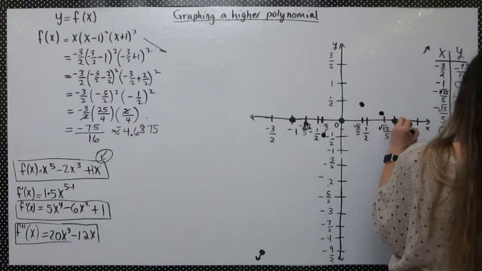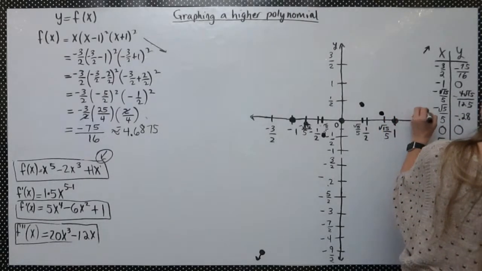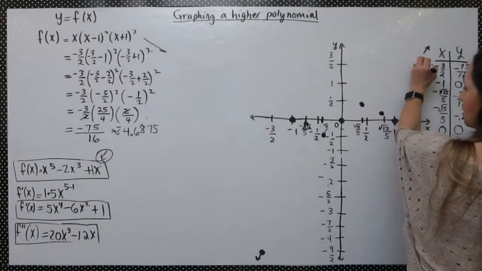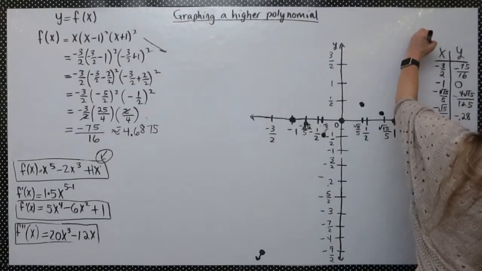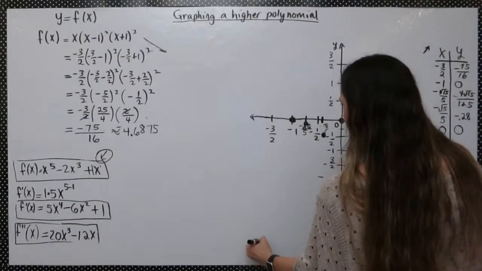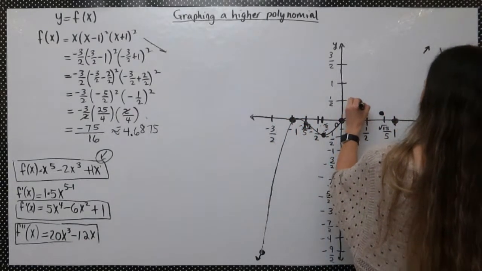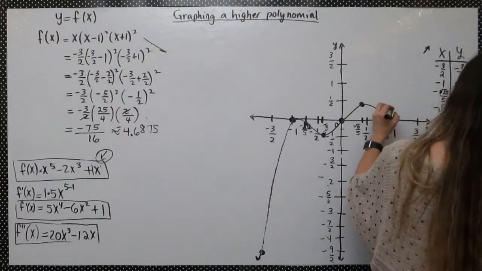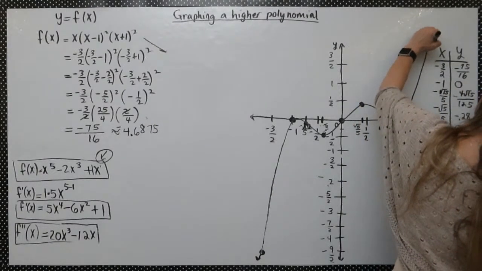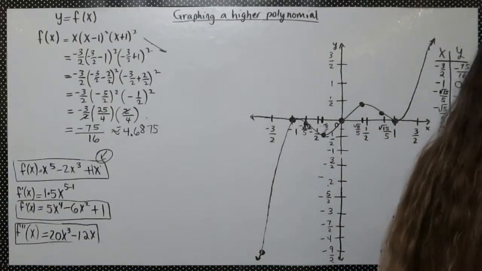There's your 0, and then 3/2 is going to be a positive 75/16. So it looks like all the way back up here. Okay, so here's my graph. Okay, there it is. All right, we did it.